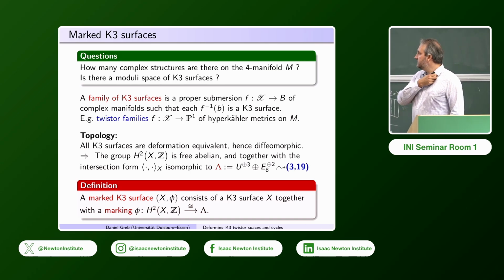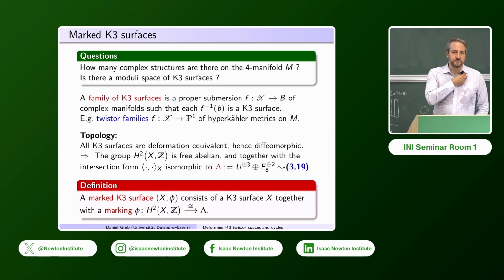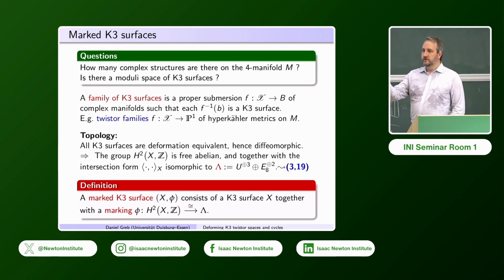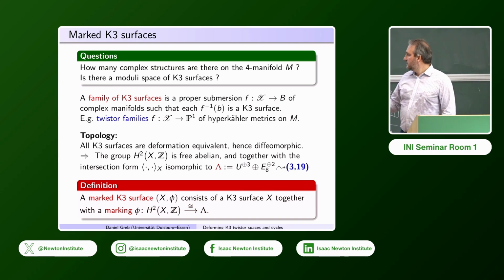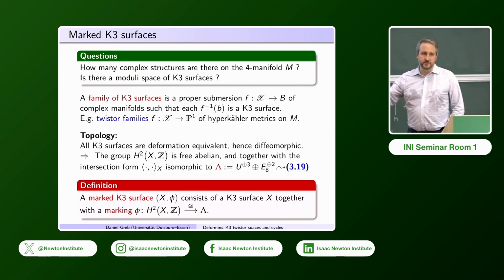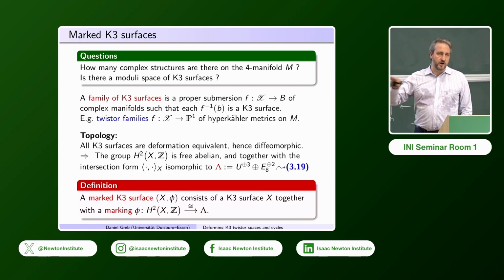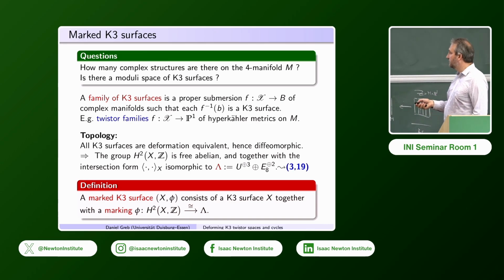Once you have the topology, if you're given a K3 surface, you have to somehow rigidify and model: okay, this will have this topology, but it's just diffeomorphic to this, so you fix one isomorphism on the level of cohomology. This is called a marking.